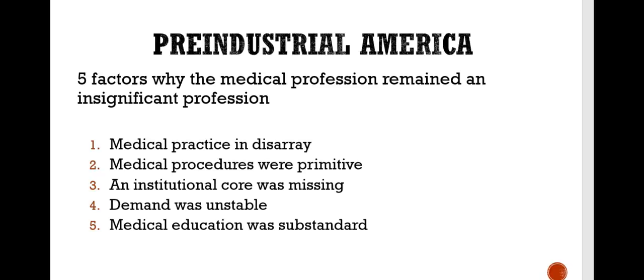These precursors to hospitals were almshouses and pest houses. And then we had dispensaries, which were somewhat similar to a hospital, but they were for outpatient services, and they were used for apprenticeship and experimentation.